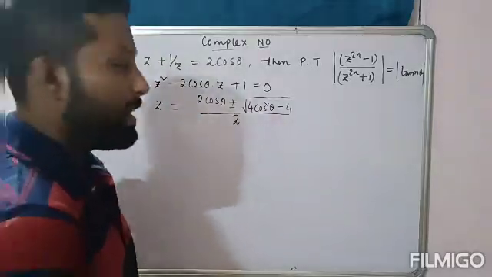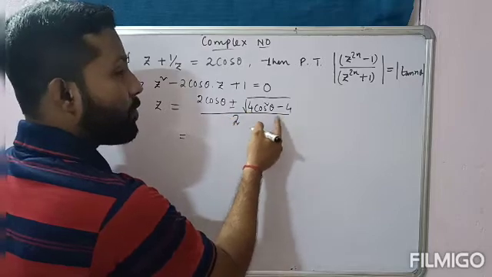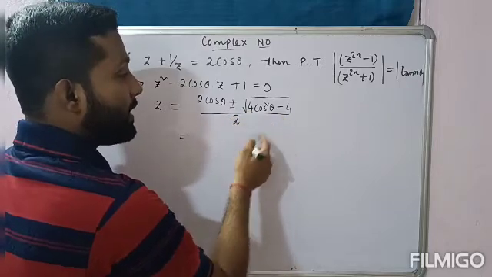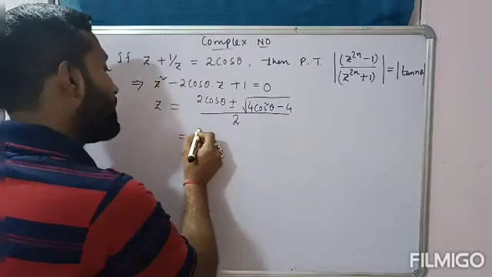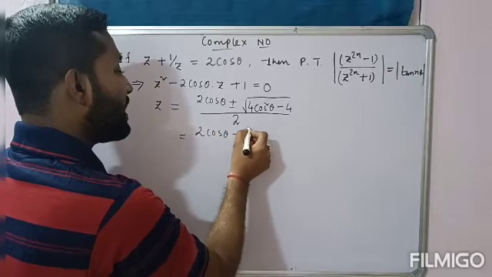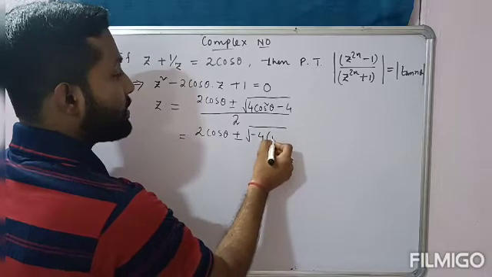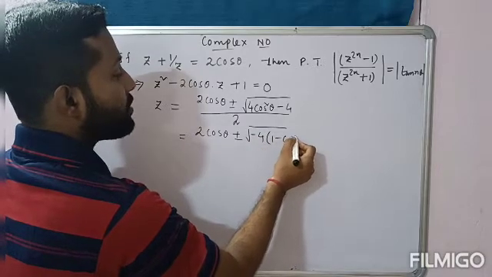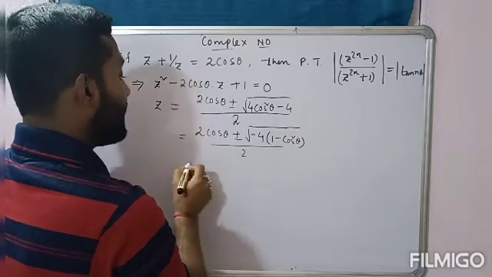Here a is 1 only. From this if we take 4 common, this will be cos square minus 1, right? So 2 cos theta plus minus under root, take minus 4 common, this will be 1 minus cos square theta, divided by 2 only.